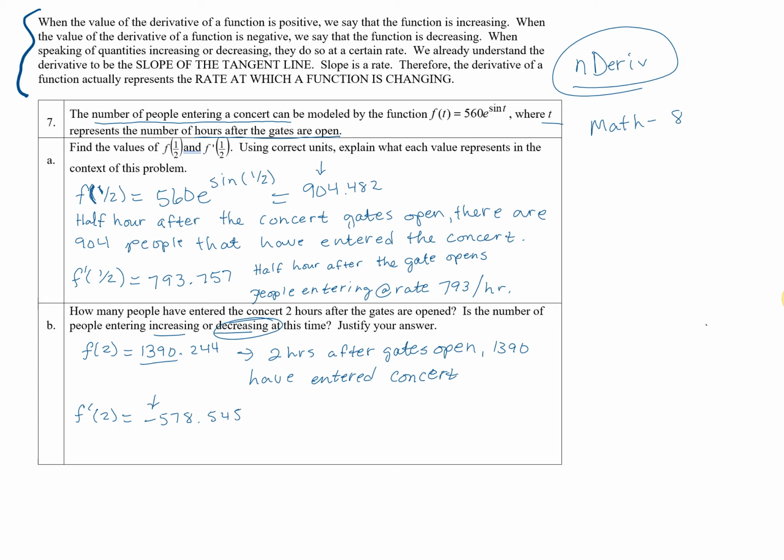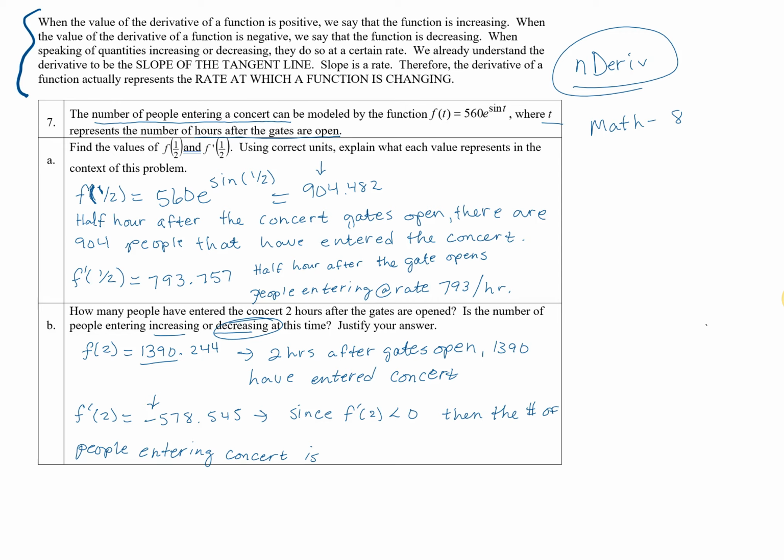So the answer to this part is, and our justification is, that since f prime of 2 is less than 0, the number of people entering the concert is decreasing.